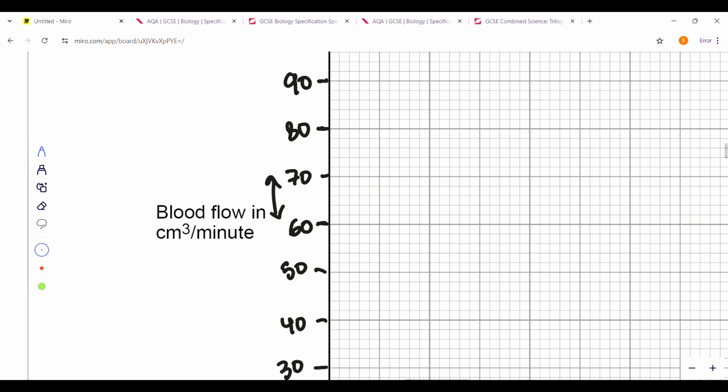So if you count it, you're actually going up by 2 squares every time. So this would be 62, 64, 66, 68, and 70. You can always check this and see that you're right or not, okay? So go up to 10, and then that is 62, and that is 64. So be very accurate. Okay, make an X there.